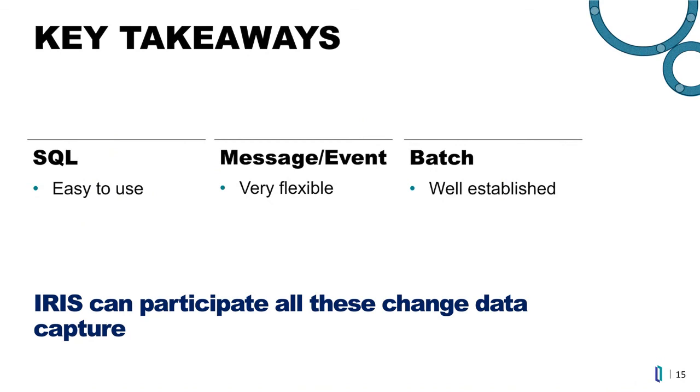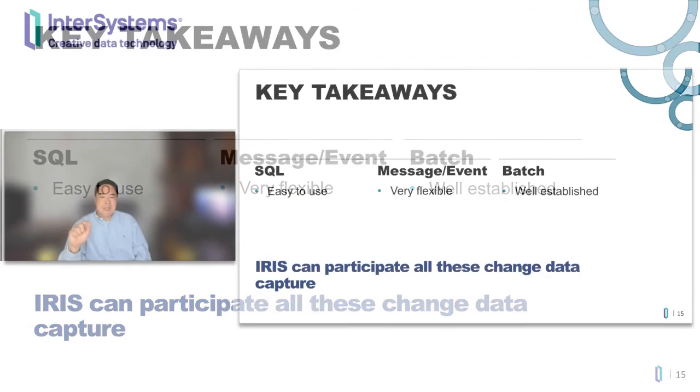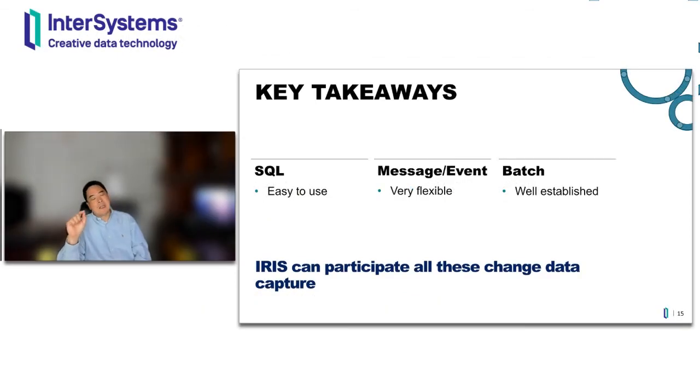But the modern approach is message and event-based CDC. It is very flexible, and by design it's one-to-many. It's very efficient, so you only consume what you need, not the whole data set. That's the message-based CDC. It also addresses some of the challenges that SQL-based CDC lacks, such as the very rigid SQL schema, where both schemas need to be the same.